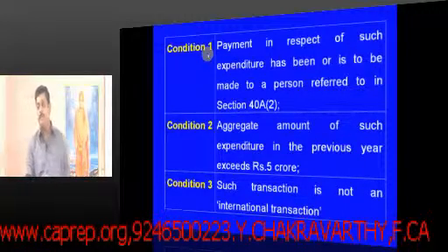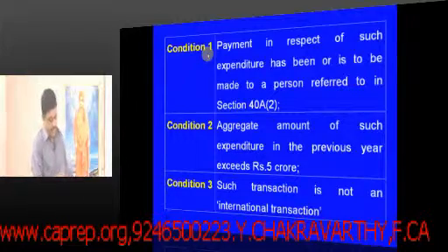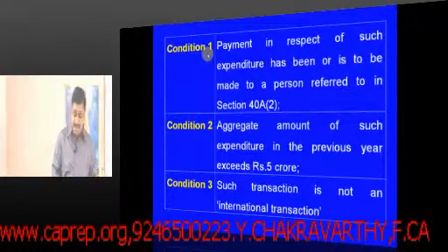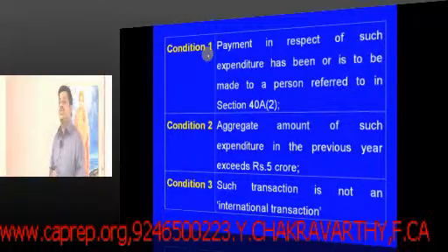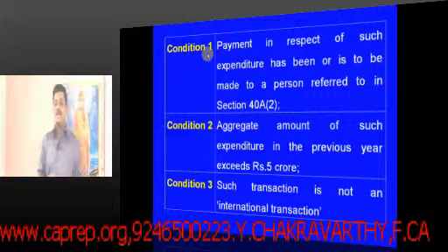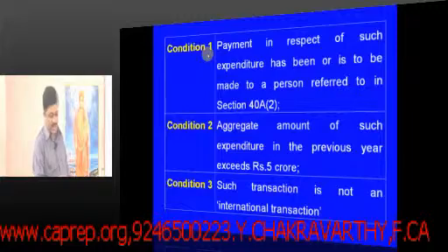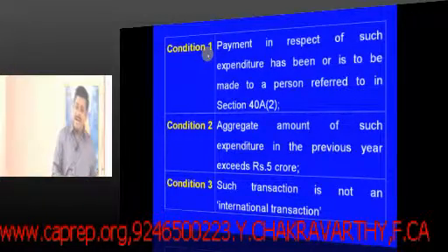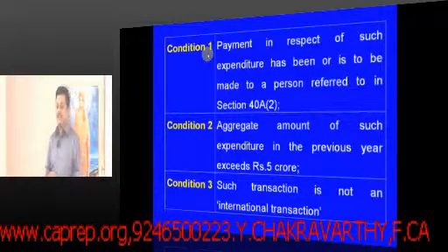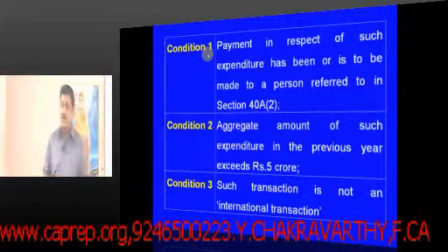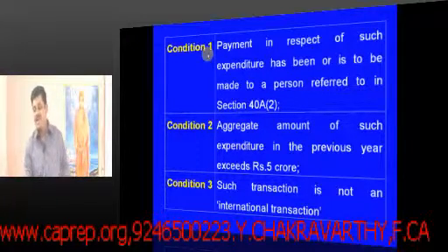Condition 3: such a transaction is not an international transaction.